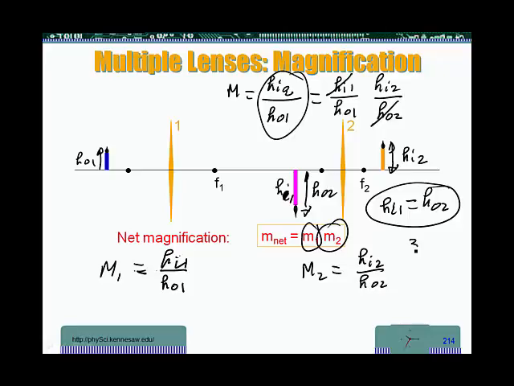If I have 3 lenses, so M is going to be M1 times M2 times M3, and so on. And remember also the magnification for each lens. For lens 1, it's going to be minus DI1 over DO1. For lens 2, it's going to be minus DI2 over DO2. That's important.